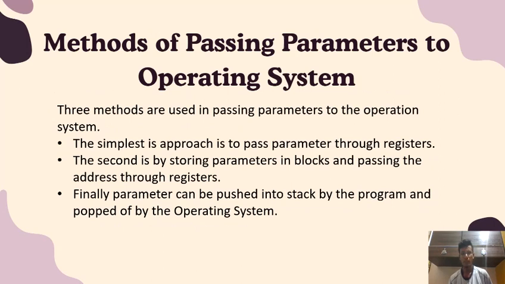Methods of passing parameters to the operating system. We have three methods to pass parameters to the operating system. The simplest approach is to pass the parameters through registers. Second is by storing the parameters in blocks or tables and then passing the address through the registers.